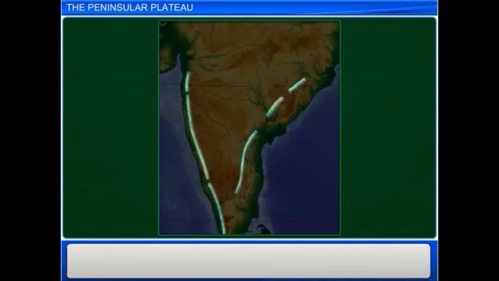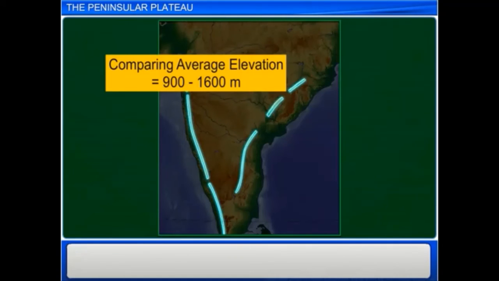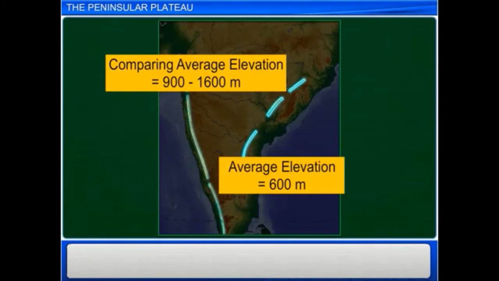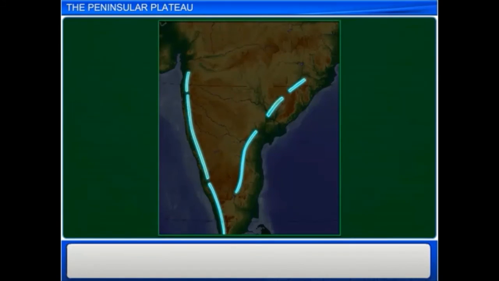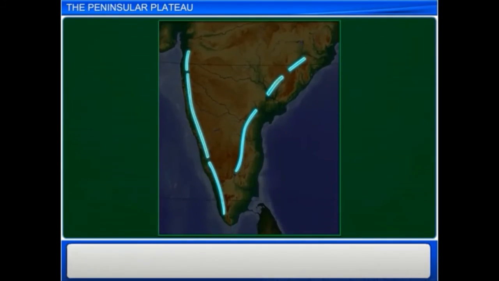Let's now compare the heights of the two ranges. The average elevation of the Western Ghats is 900 to 1,600 meters. On the other hand, the Eastern Ghats have an average elevation of about 600 meters only. Thus, the Western Ghats are taller than the Eastern Ghats. The height of the Western Ghats progressively increases from north to south.